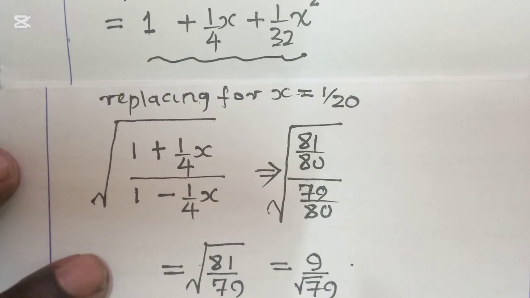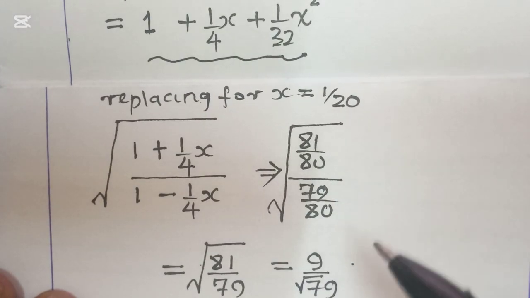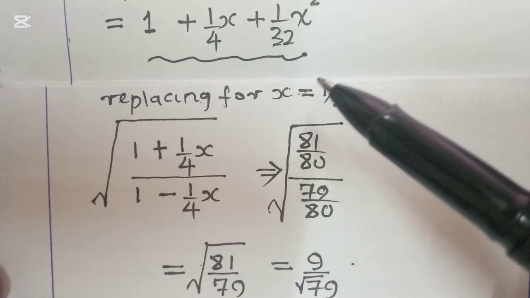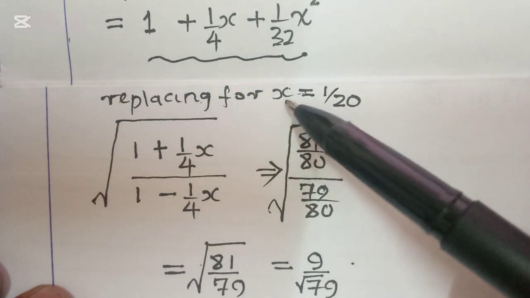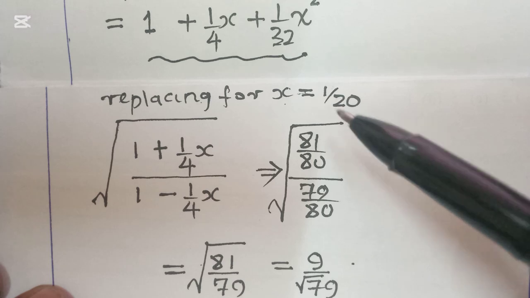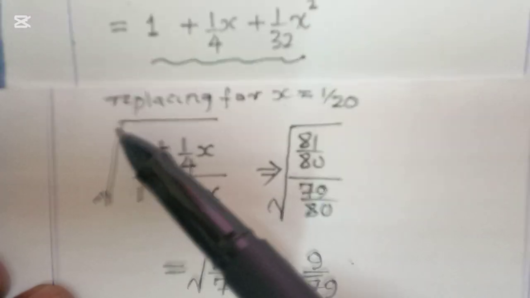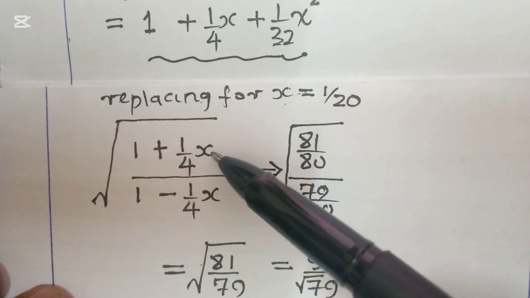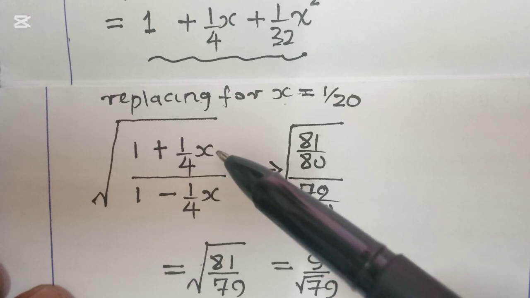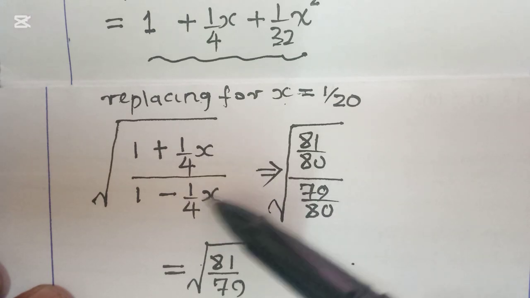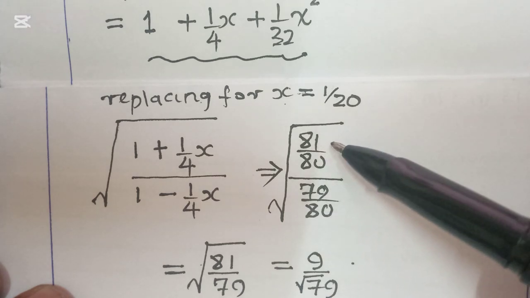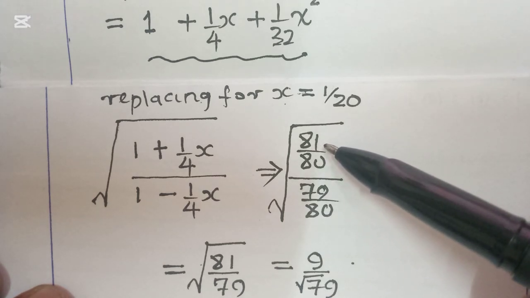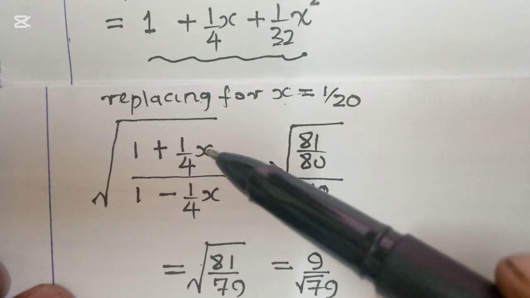So guys, since time is far spent, I have already done it for you and I'm now going to show you the last part. We are told to replace x with 1 all over 20. I have replaced x here, writing 1 over 20 here and 1 all over 20 here. After calculation, my numerator is 81 all over 80.